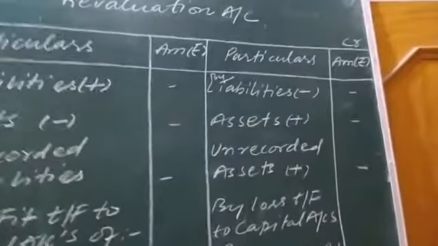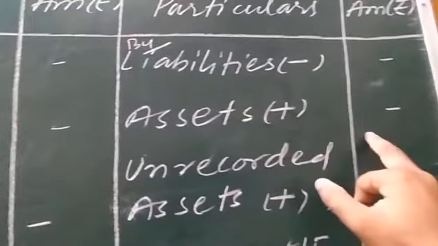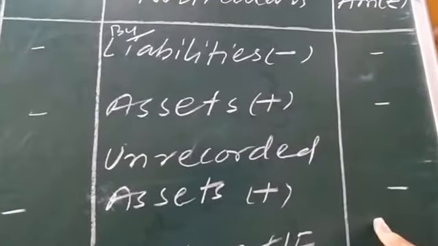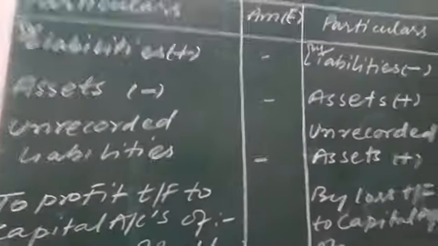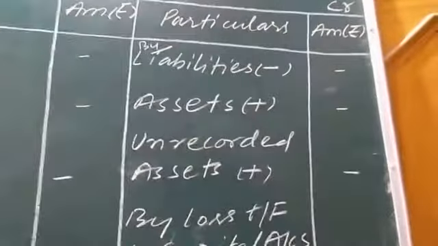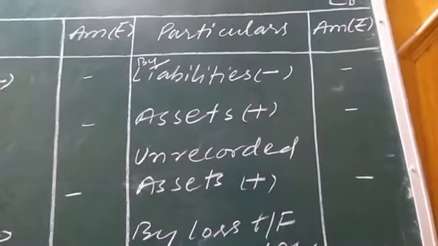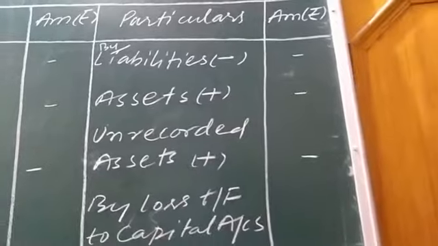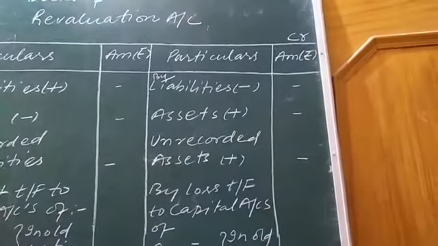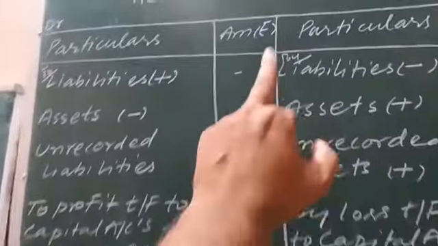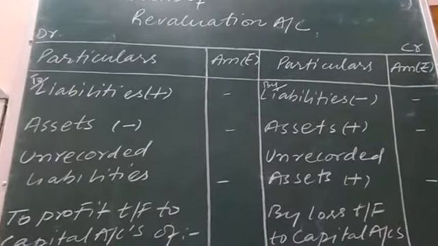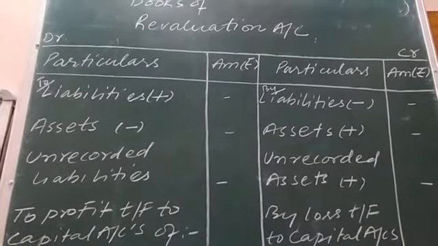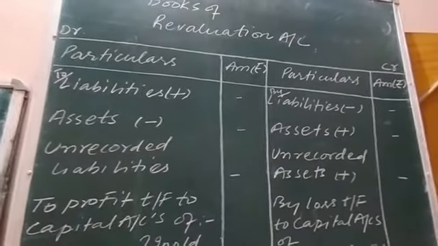Now we see that increase in assets is shown on the credit side, and decrease in liabilities is shown on the credit side. If the credit side total is more than the debit side total, then it means the partnership firm is in profit on revaluation of assets and reassessment of liabilities.